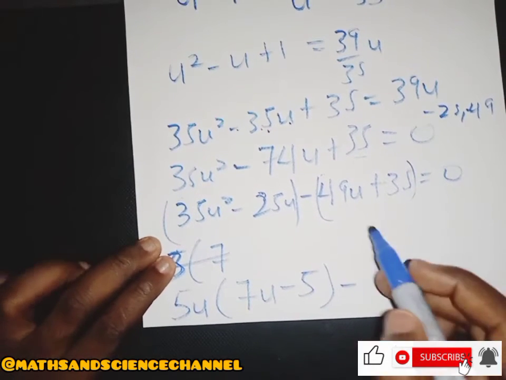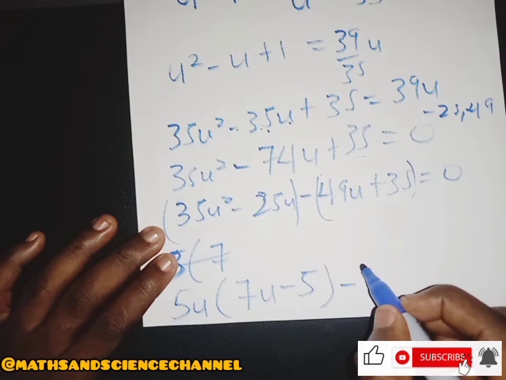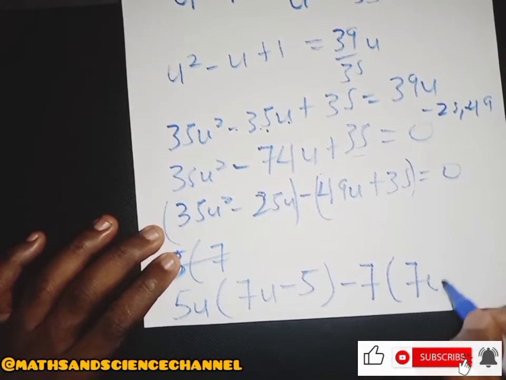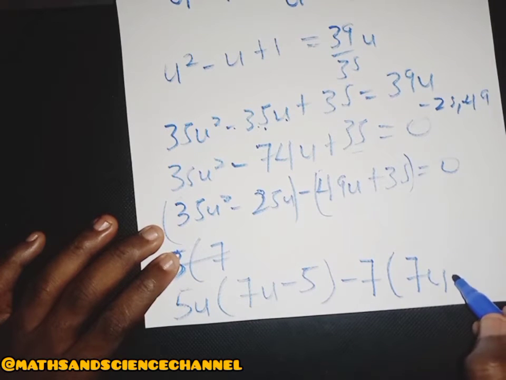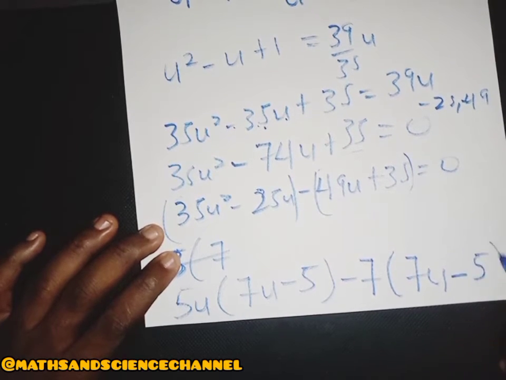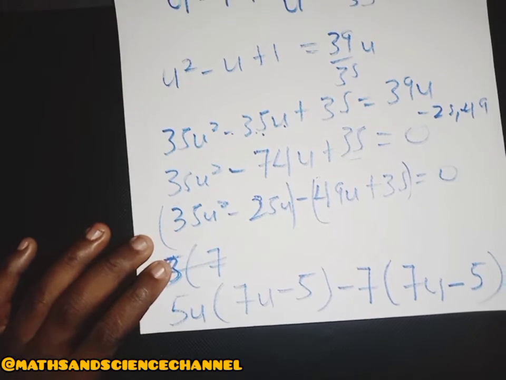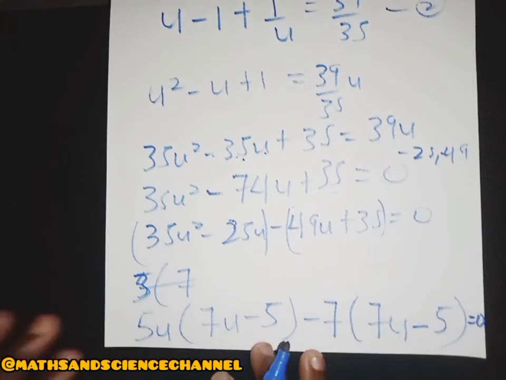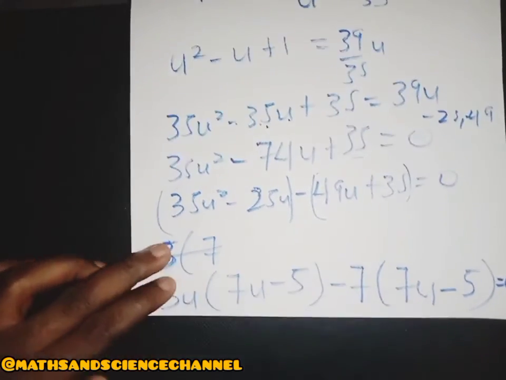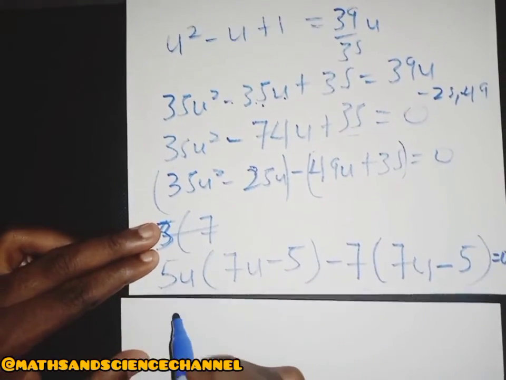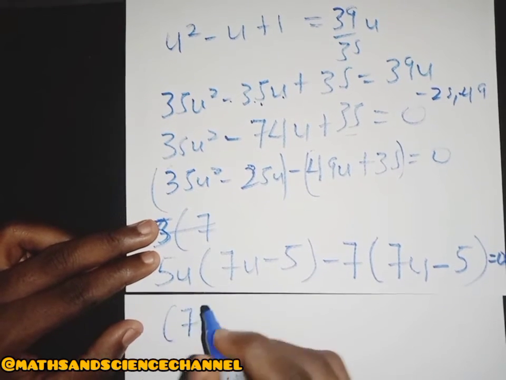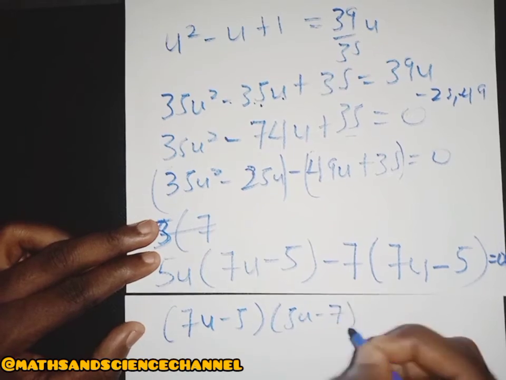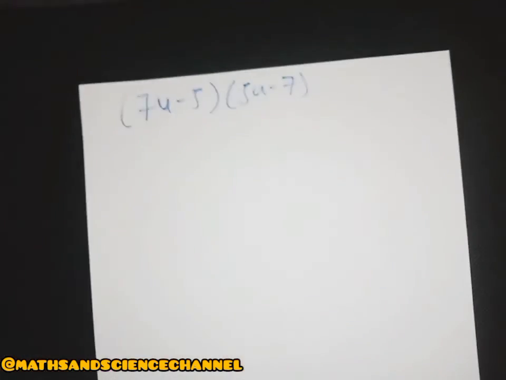And over here we can have 7 outside, and then 7u minus 5 here, being equal to 0. So from here the answer is 7u minus 5 and also 5u minus 7, right? This is what we have.